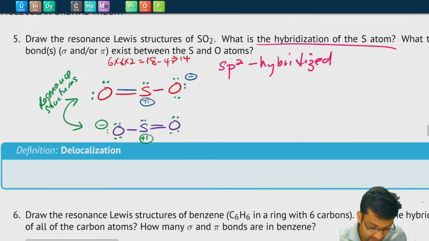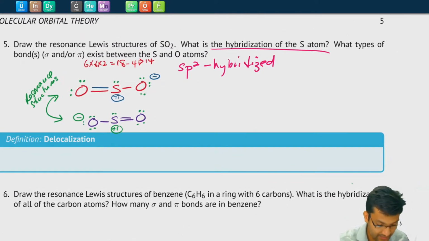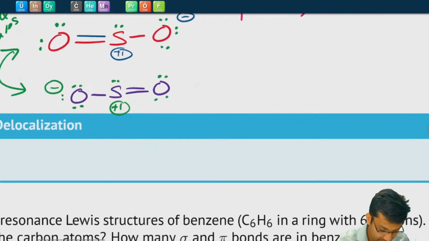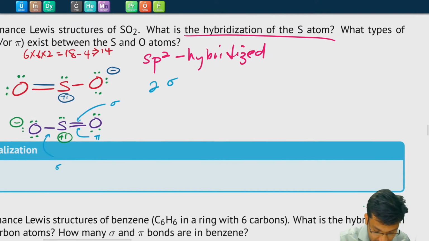But that's the hybridization of the sulfur atom. What about the bonds, sigma and pi? Well, we have 1 sigma bond here, 1 sigma bond here, and 1 pi bond there. So technically, we have 2 sigma bonds and 1 pi bond.